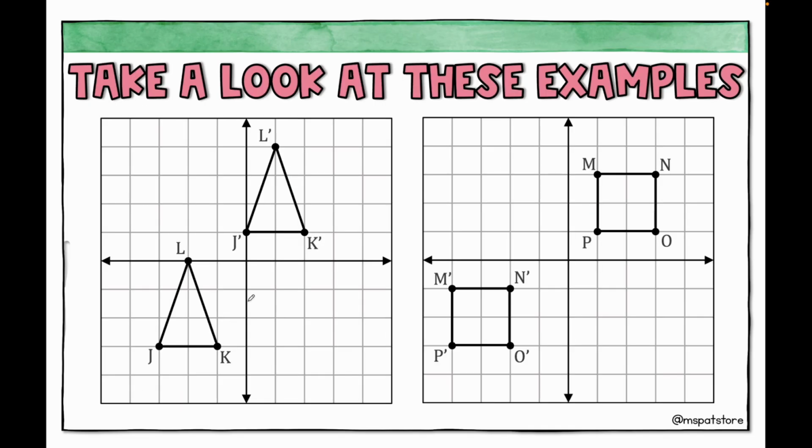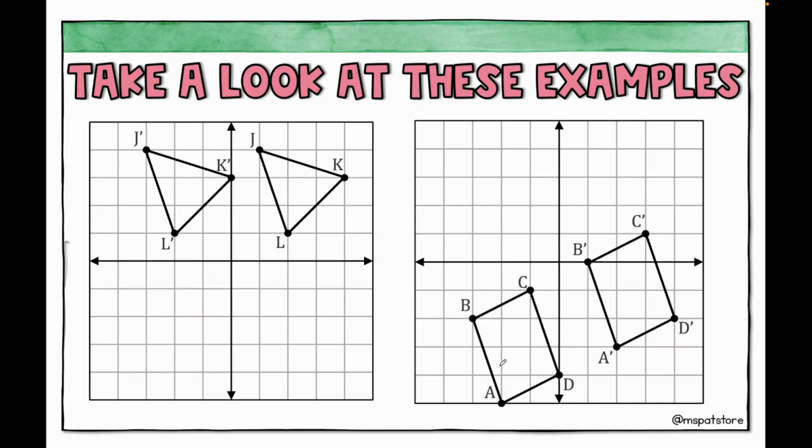Take a look at these examples. Here we have the figure, and here we have the image. This is LKJ, and this is L prime K prime J prime. As you can see, this image slid a little bit up towards the right. Now we have this other example of a translation, the square MNOP, and it slides down towards the left.